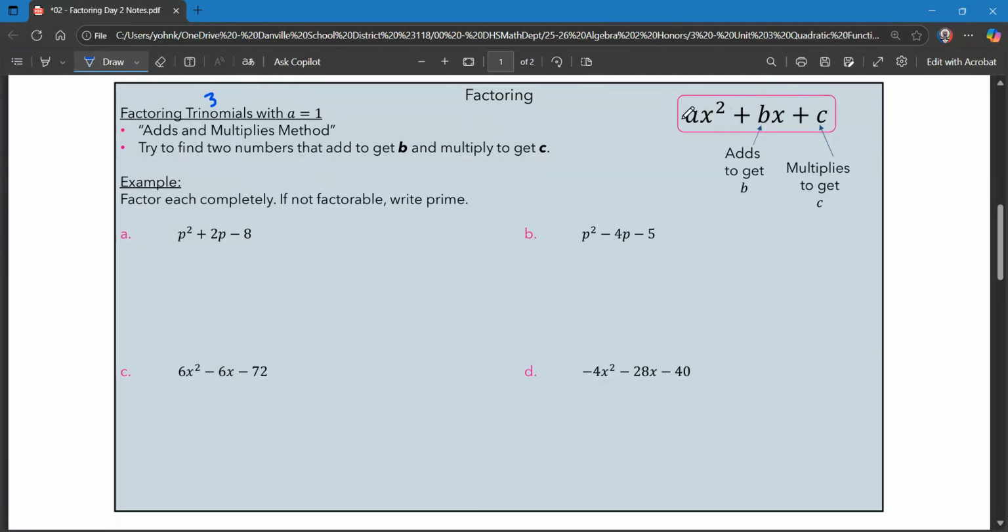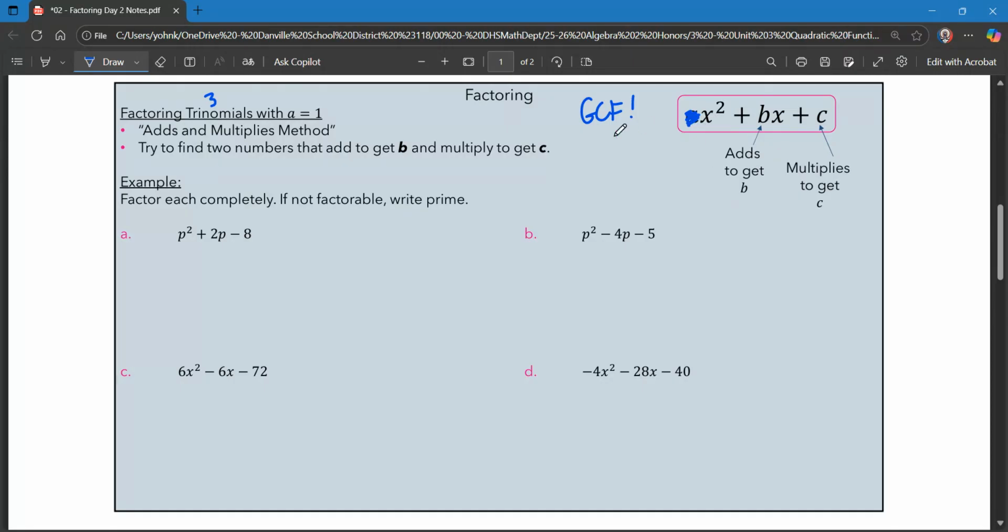Today we are going to pretend like the a is a 1, although there may be some GCF still hanging about. But our main focus today is learning how to factor a trinomial with a 1 in front.